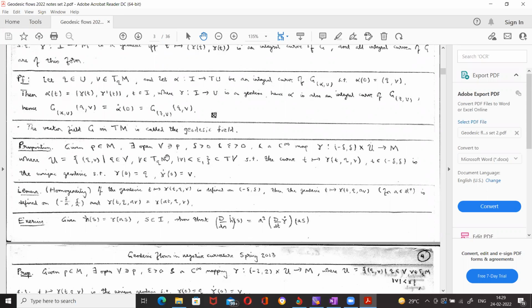Right, so any neighborhood of the point P comma 0 contains a neighborhood of this form: the set of points Q in V and V in TQM such that norm V less than epsilon. Is this clear?